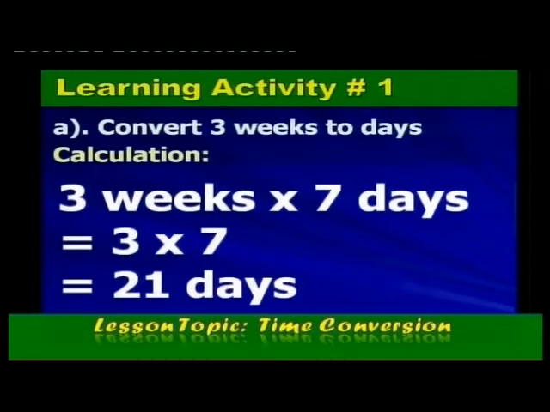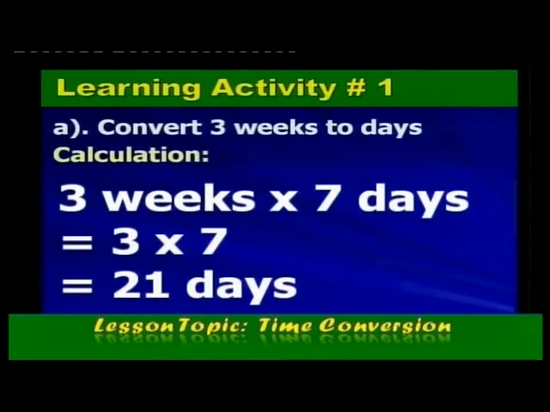When you are showing your working out, this is how it should have been laid out. So you can see that 3 weeks times 7 days equals 3 times 7, leaving out the units. Then we have 21 days because we are trying to work out the number of days within that number of weeks.